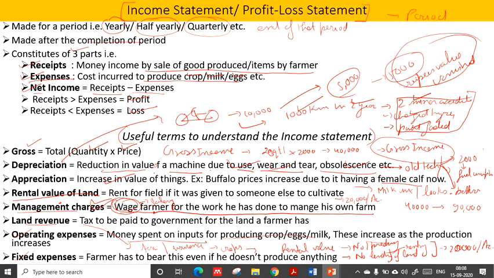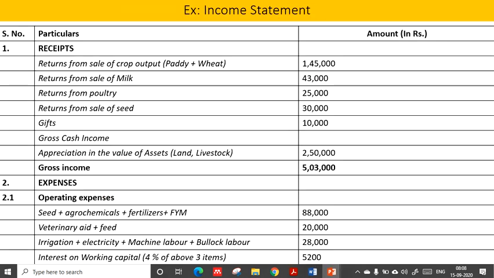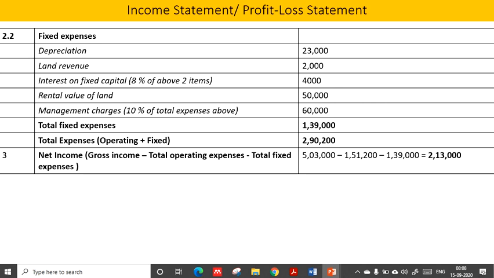Alright, let's now understand a hypothetical income statement. I have divided it in two parts because the table was quite big. See, the first part is receipts, the second part is expenses, 2.1 is operating expenses, 2.2 is fixed expenses.